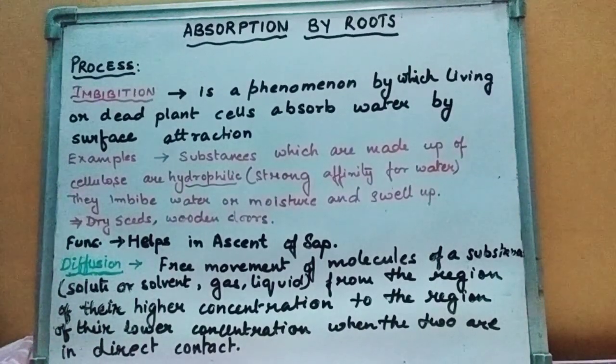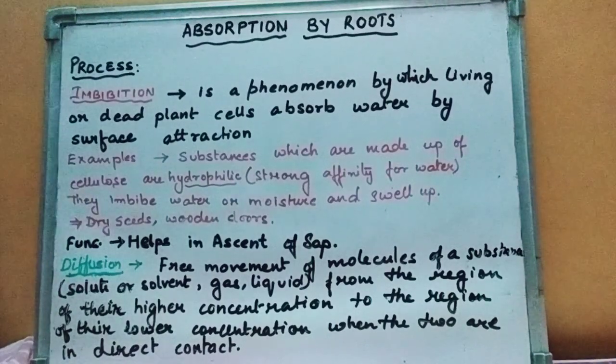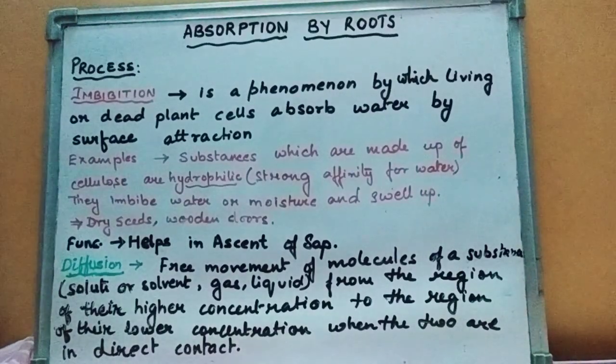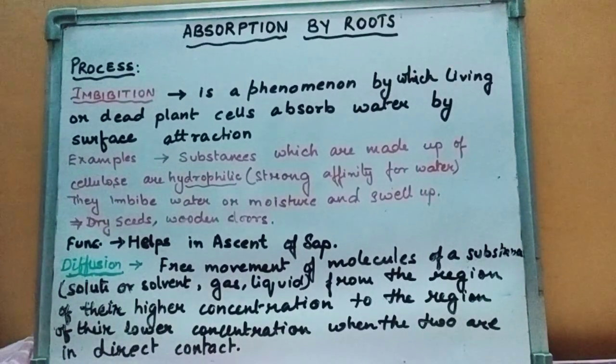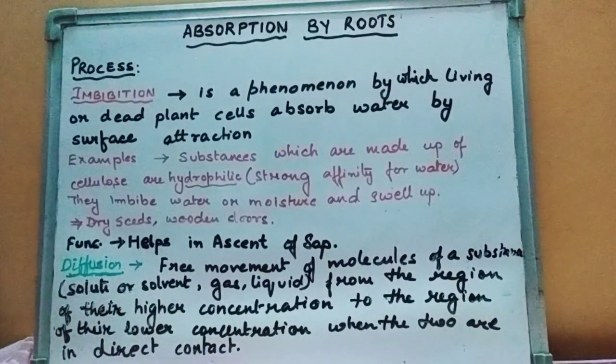So when the two substances are in direct contact, diffusion takes place. In the kinetic theory of molecules, you have read about solid, liquid and gas, and how the molecular bonding helps in diffusion. The molecules in solid are closely packed, tightly packed, so diffusion will be less there, but it will be there. In liquid, the molecules are slightly away from each other, so diffusion is possible there more easily than in solid.